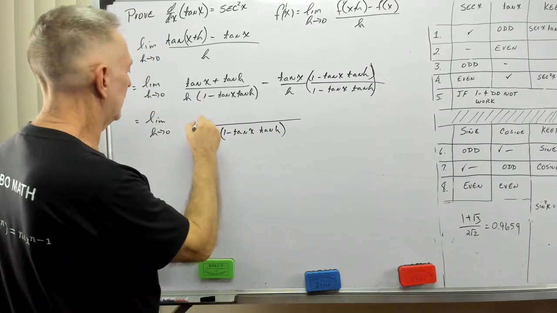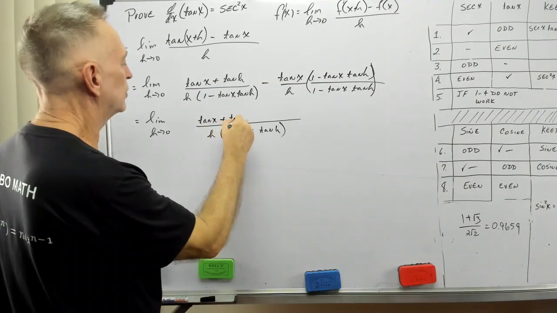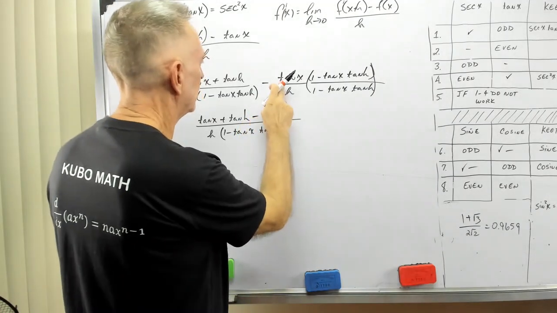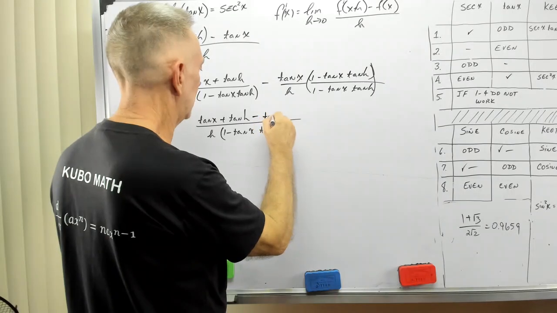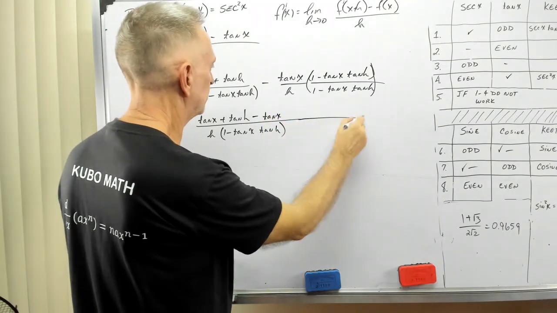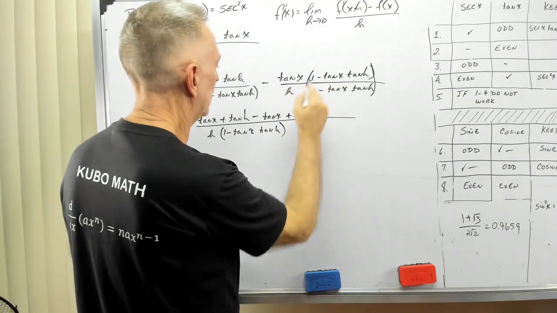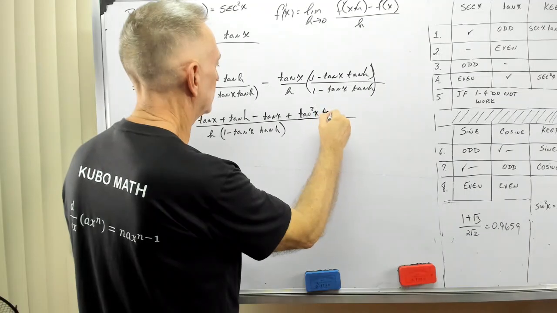Okay, so I have tangent x plus tangent h minus, now I'll distribute this, tangent x times 1, so it's minus tangent x. Negative times negative is positive: tangent squared x tangent h.